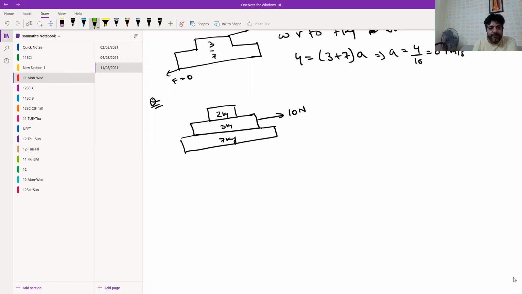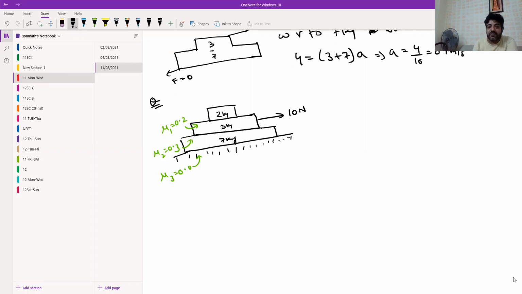Same way, friction and ground are the same. Okay, everyone understand? Rest is exactly the same. So now same question: find the acceleration of all blocks.